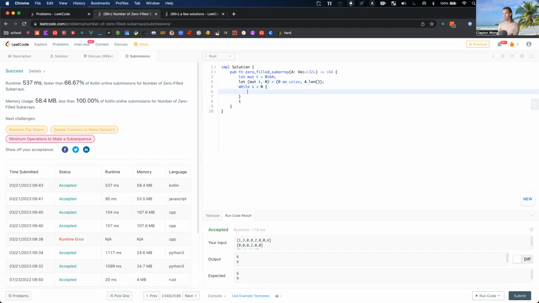While i is less than n, let mut j equals i. While j is less than n and a sub j is equal to 0, increment j.